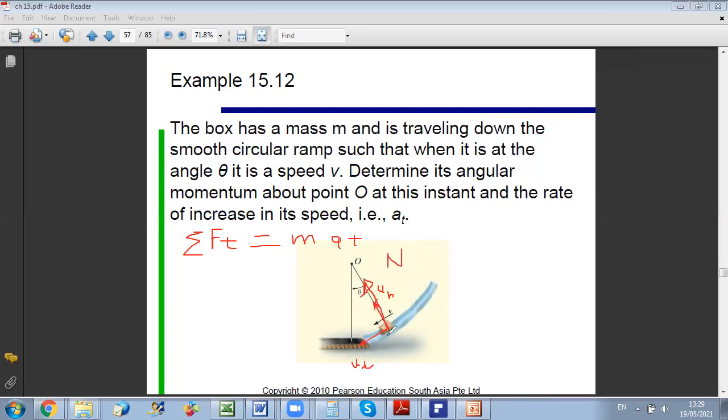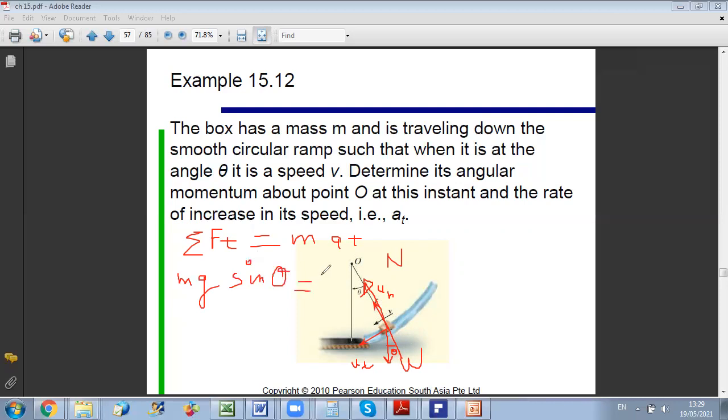And we have the weight W, that is doing with this line with UN, it's doing theta. And with UT, it's doing 90 minus theta. So if I want to project the weight on UT, حيكون عندي mg sine theta equals MAT. فرجعنا the same result.